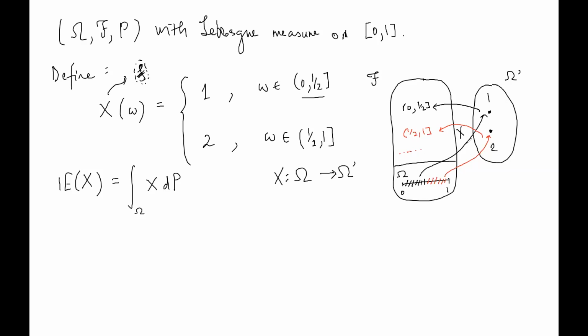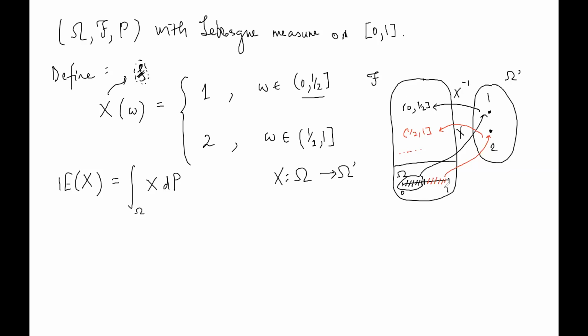And in order to assign a probability measure, there must be some kind of inverse mapping to the sigma field. So you have the inverse mapping here. You take the inverse mapping of 1, which goes to some set in F.